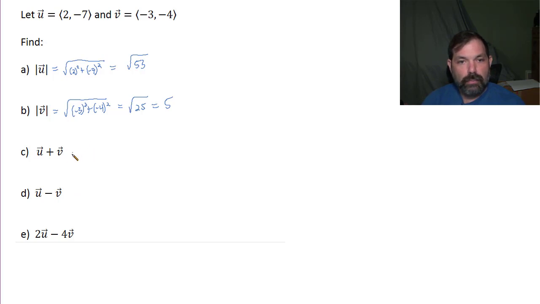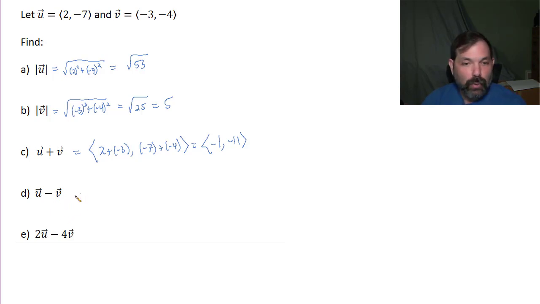u plus v. That would be the standard vector 2 plus -3, comma, -7 plus -4. And so that would be the standard vector -1, -11. u minus v. Now we didn't talk about subtraction. Fortunately, these behave like numbers, in that I can think of this as the u vector plus -1 v vector.